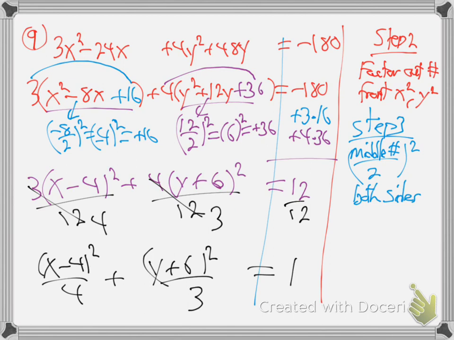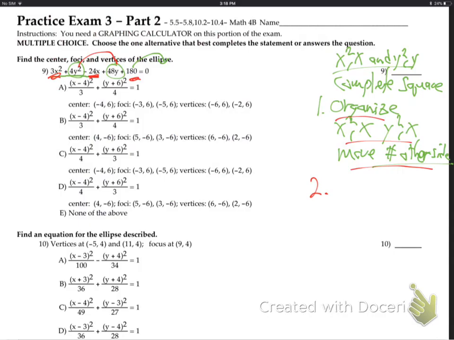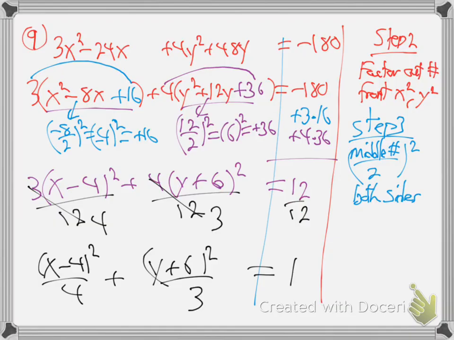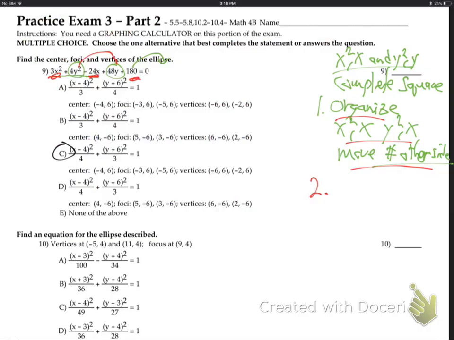x minus 4 over 4, y plus 6 over 3. x minus 4 over 4, is it C? x minus 4 over 4, y plus 6 over 3 equals 1. That looks right to me. Oh, but actually they have the center wrong. They have minus 4 plus 6, and it should be minus 6.